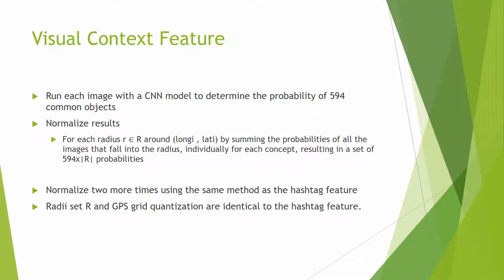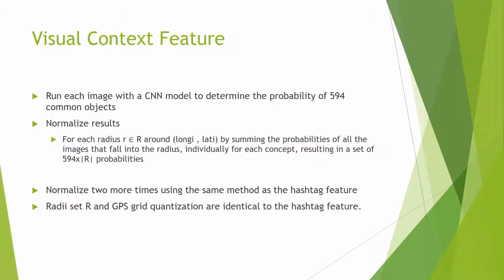The visual context feature is similar to the hashtag feature, except we take advantage of the visual signal around our GPS coordinates. Each image is run on a CNN model to generate probabilities of 594 common types of concepts, such as clothes, girl, coffee, etc. Once again, a normalization is taken.